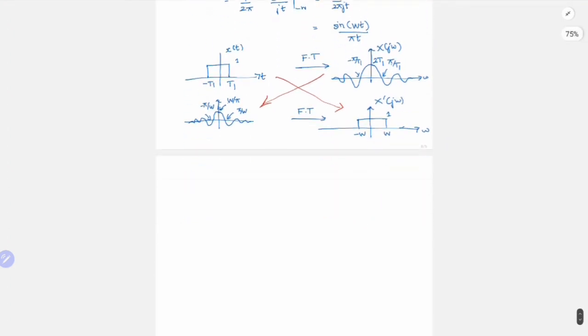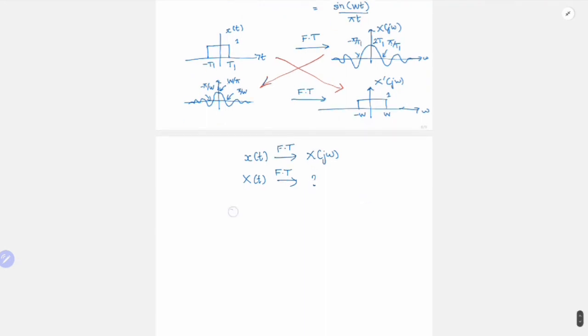So x of t gives the Fourier transform X of jω. Now if you actually take capital X of t itself as a signal and try to take its Fourier transform, what will we expect? That is what we have to find.